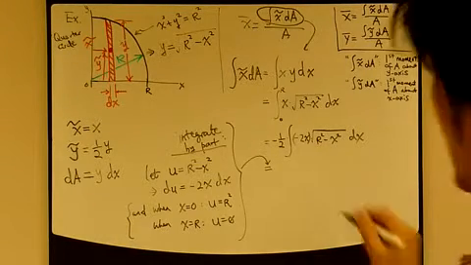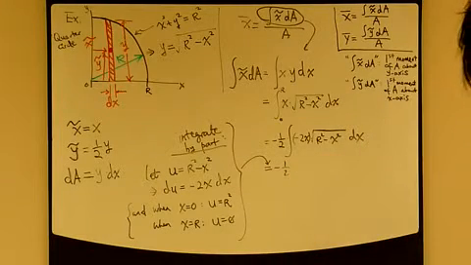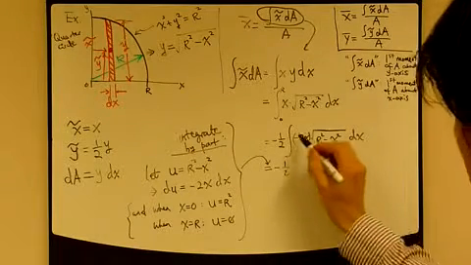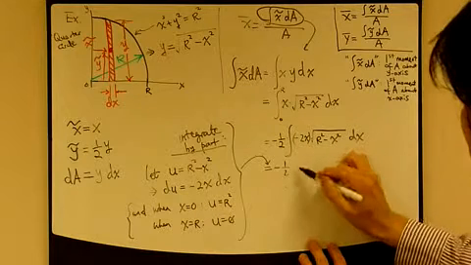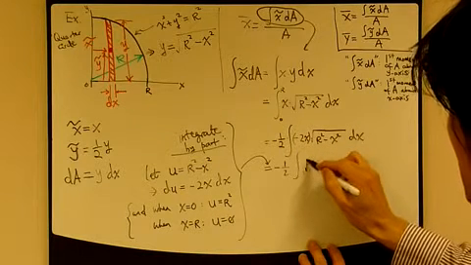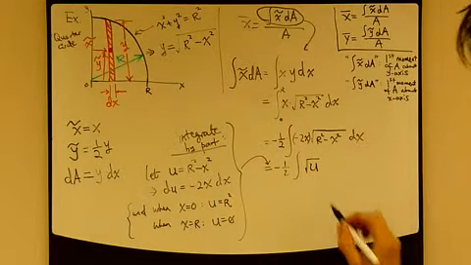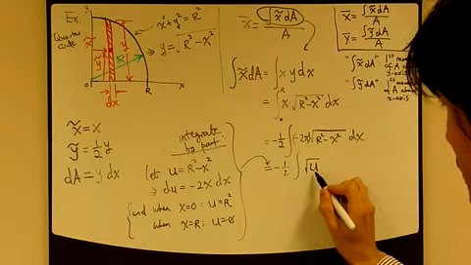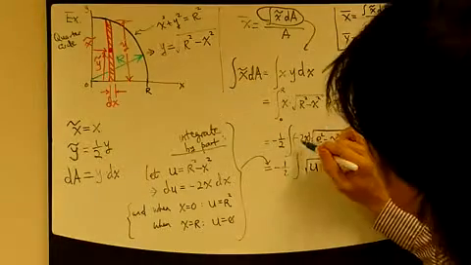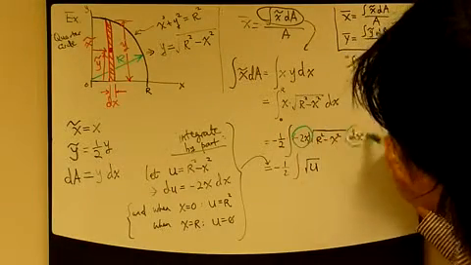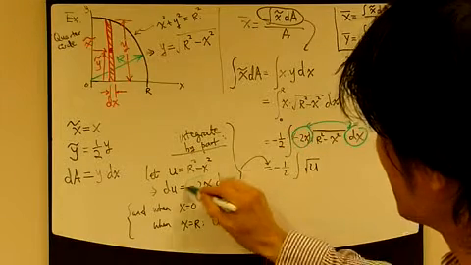So I have negative 1/2. This right here is simply square root of u, and this and that is this guy right here.